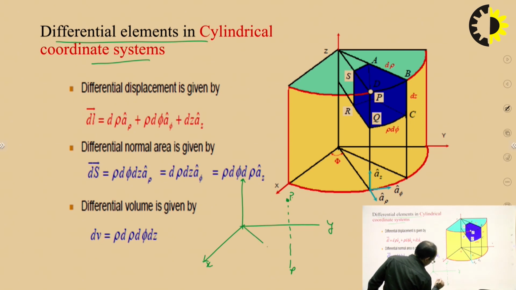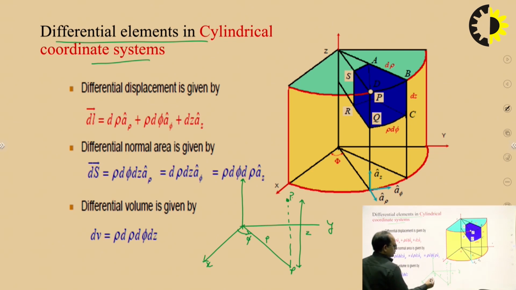So this angle will be phi. This is rho, and this one is Z. So dz is equal to this one. d rho will be this one, differential element in terms of rho. Clear?